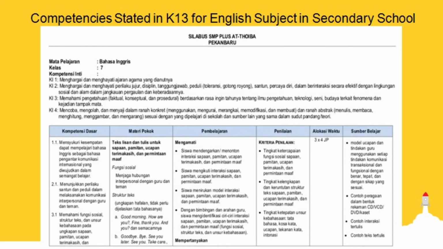And for basic competence, I choose point 3.1, in which students are required to understand social function, text structure, and basic elements. And in this point, it provides an example that students play an active role in the teaching and learning process in the classroom.